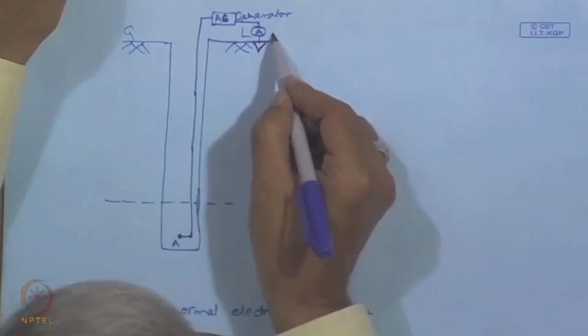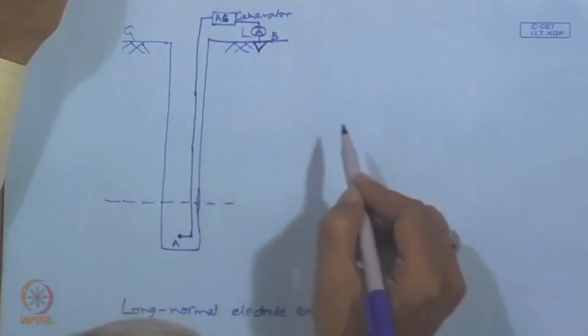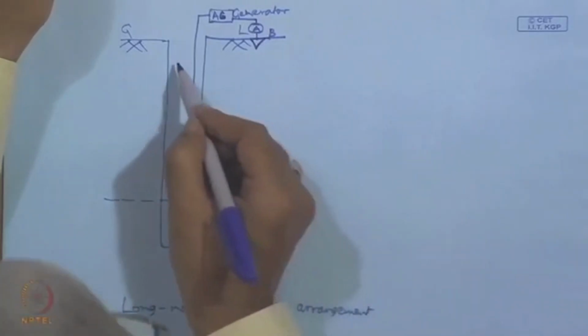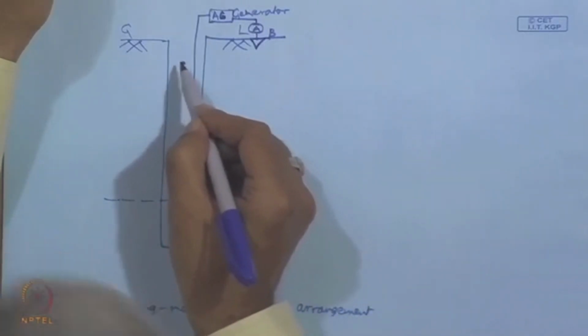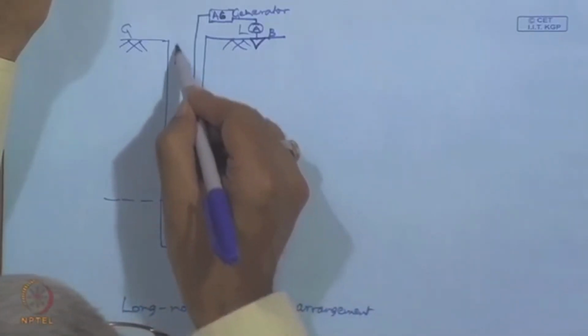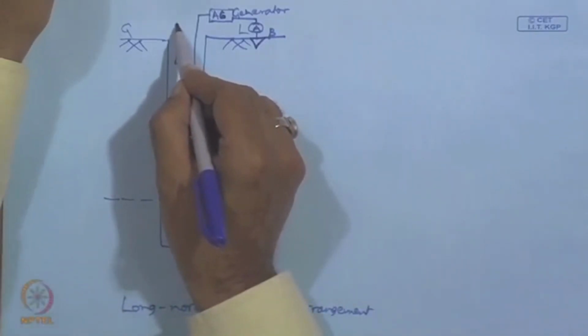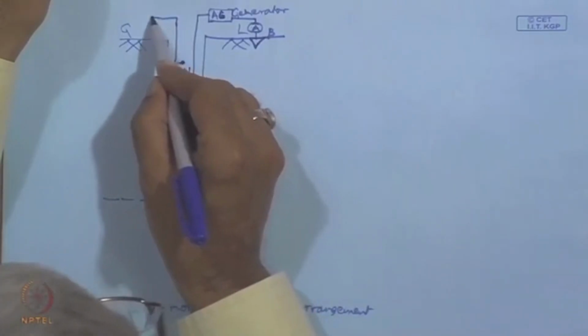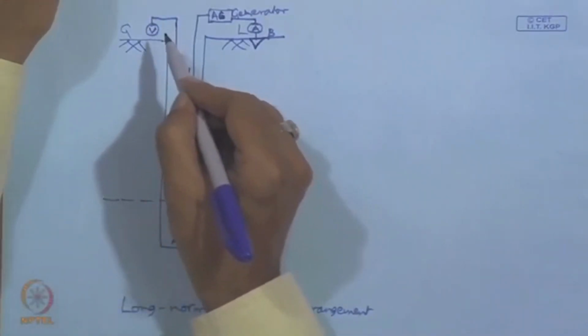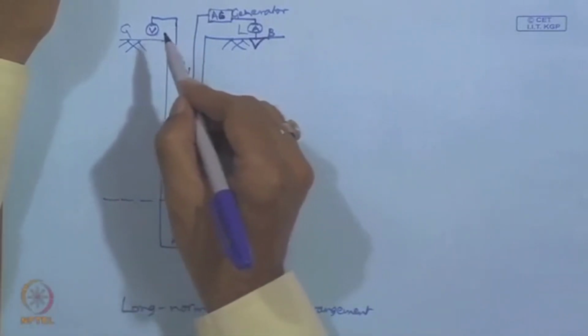This is the point B, and this is the potential electrode, N, and here there is an arrangement to measure the voltage.